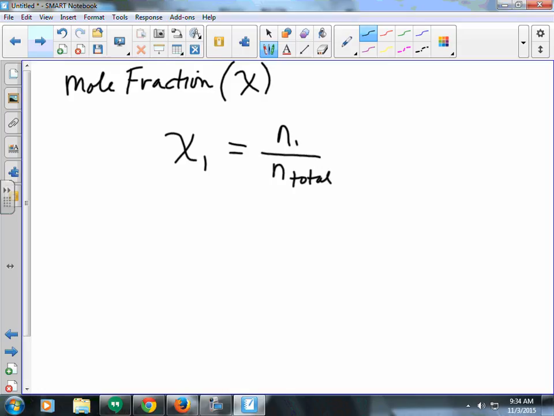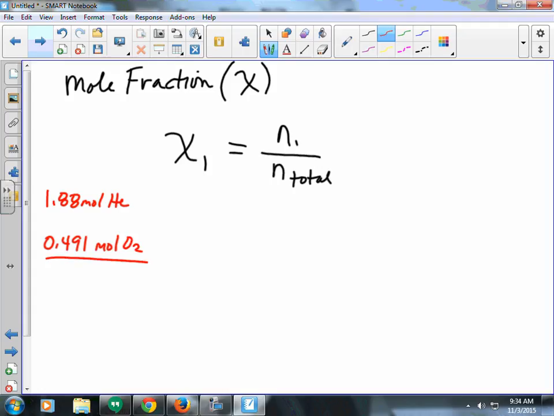That's all it is. So in the previous problem, we had what? We had 1.88 moles of helium, right? And we had 0.491 of oxygen. What's the total number of moles of gas?